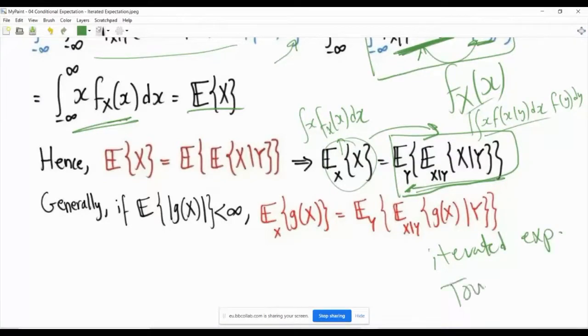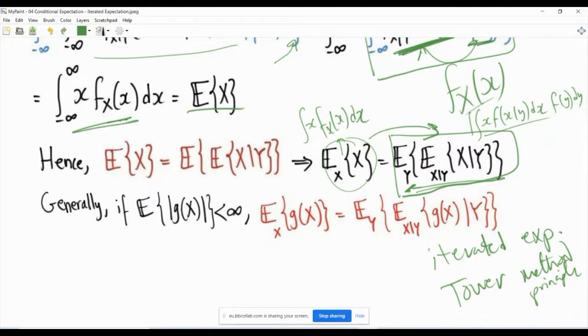Or some people call it the tower principle, or the tower method, or whatever you want to call it, which is: you want to find the expected value of x, so you find the expected value of x given y, and then you find the expected value over y. Again, it may seem convoluted, but it's the way to go in some problems, as we will see. And you can generalize this, by the way.